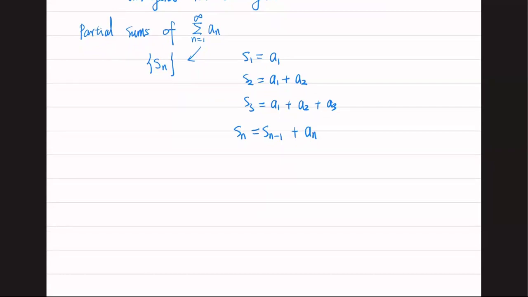If our sequence is 1 over 2 to the n, we want to study the series. We start with the partial sum.